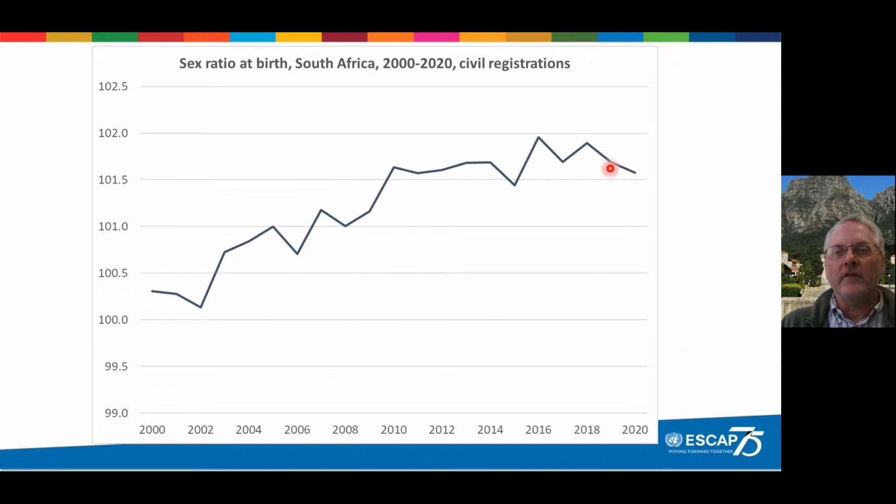After 2010, from 2010 to 2020, however, that pattern is still subject to minor annual variation, but is typically between 101.5 and 102 male births for every 100 female births, which conforms with our expectation in the South African population.